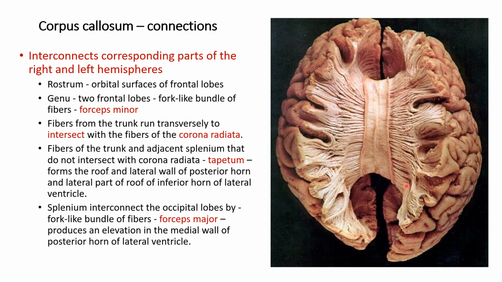So now you know how the corpus callosum interconnects the identical parts of the right and left hemispheres in the form of the forceps minor, the tapetal fibers, and the forceps major fibers.